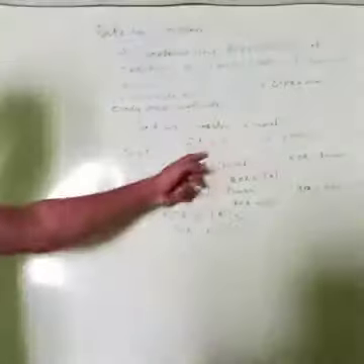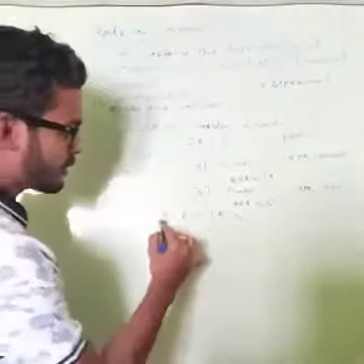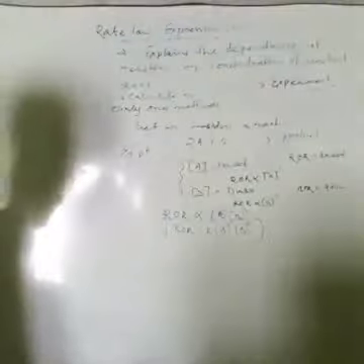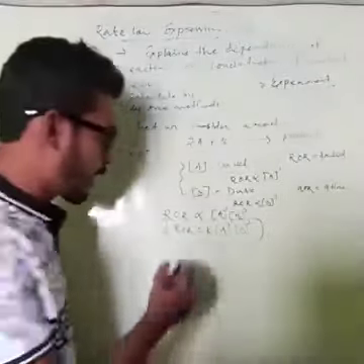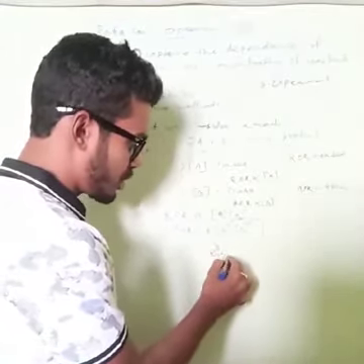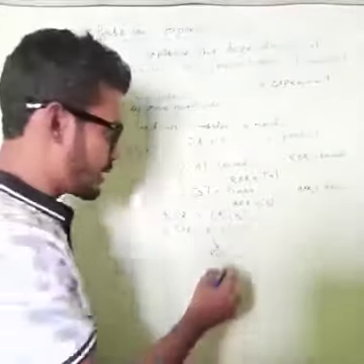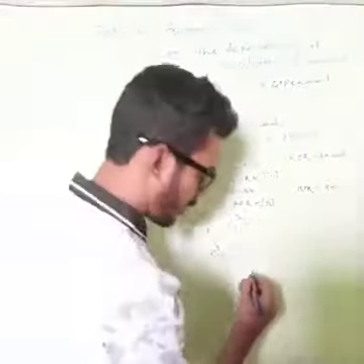So experimentally he did this calculation, and this is the rate law expression. For the rate law expression, small r is written symbolically. So small r equals k, this is your rate constant, and A is the concentration of A, right?